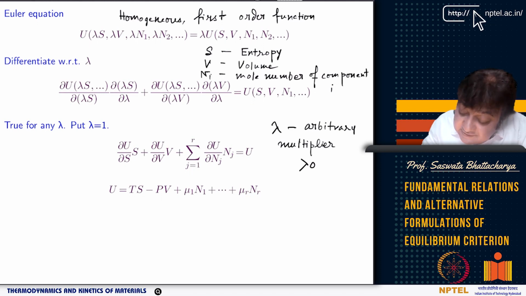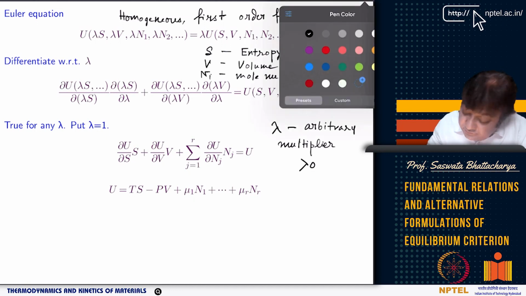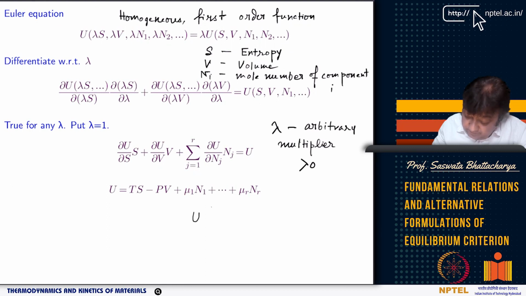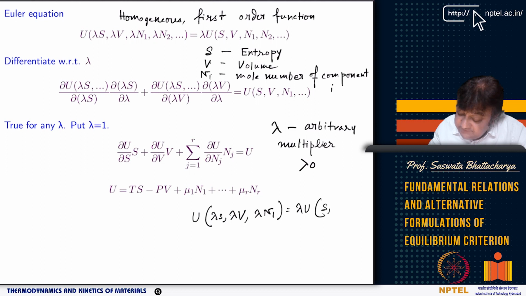So basically, if I have only one component, I can show you. What we are writing is U of lambda S, lambda V, and lambda N1, equals lambda U of S, V, N. Now differentiate with respect to lambda.